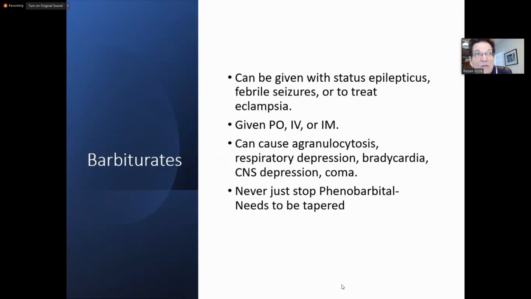They make people sleepy as all get out. And it can cause coma if the levels become too high. You never just stop it. It has to be tapered if they've been on it for more than a couple of weeks, okay?